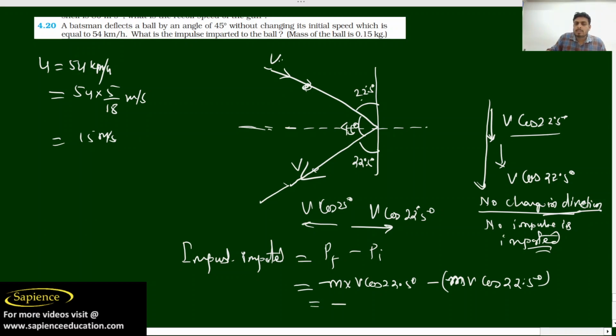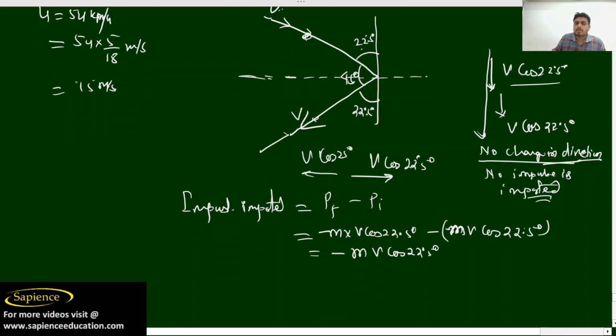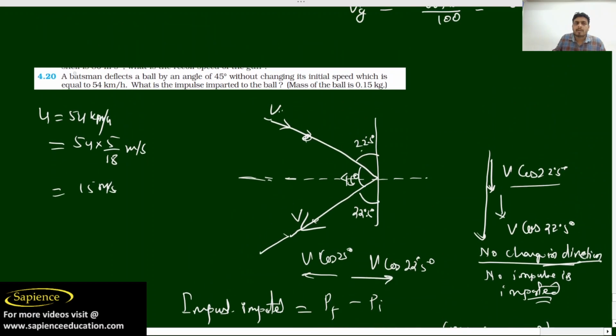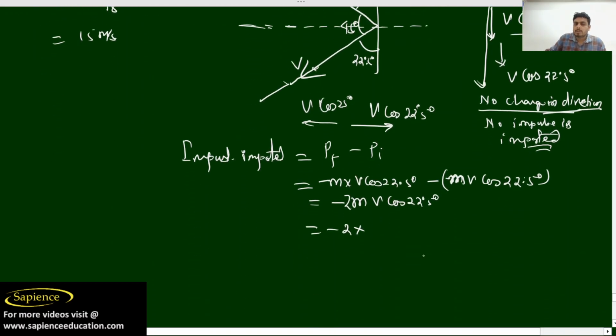So by using this, we get the impulse as 2 m v cos 22.5 degrees. What is the mass of the ball? The mass of the ball is 0.15. So you can find here 2 into 0.15 into 15 into cos 22.5 degrees. How much will it be?